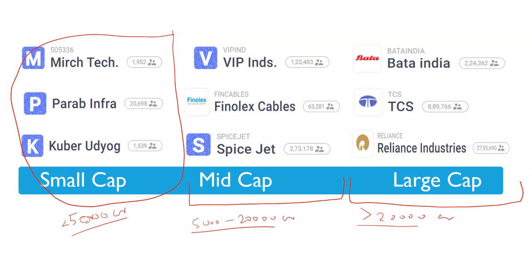Now, every company needs certain money to run its business. Suppose Mirch Tech, Parab Infra and Kuber Udyog all have, say, 1,000 rupees. Now, to run their business, maybe this 1,000 rupees is not enough.